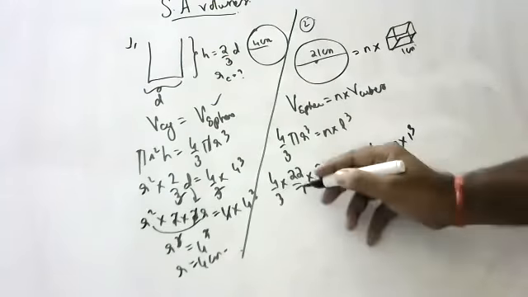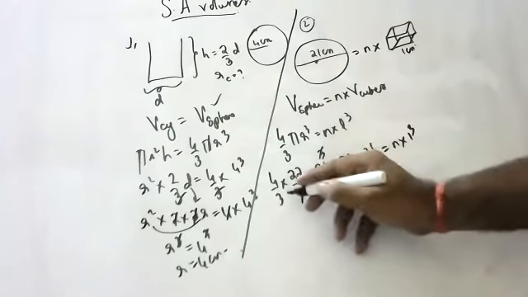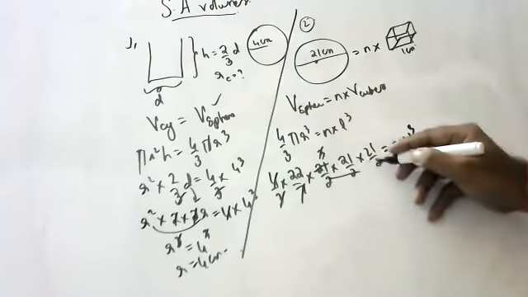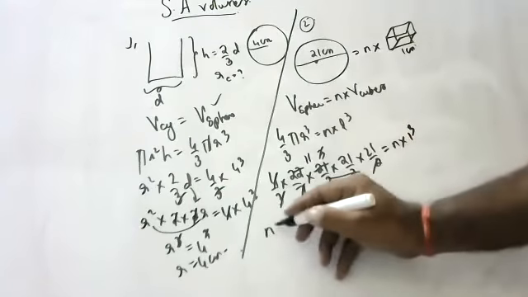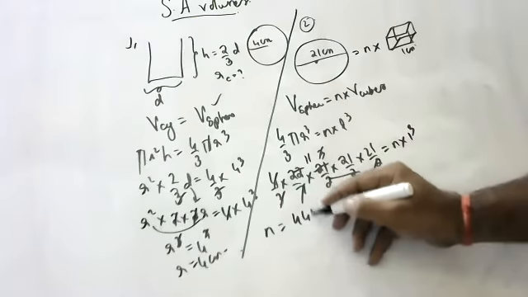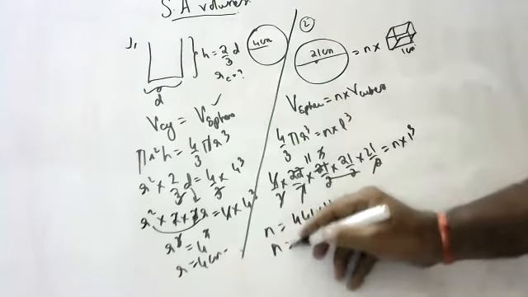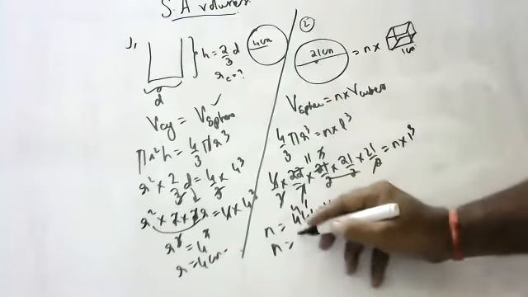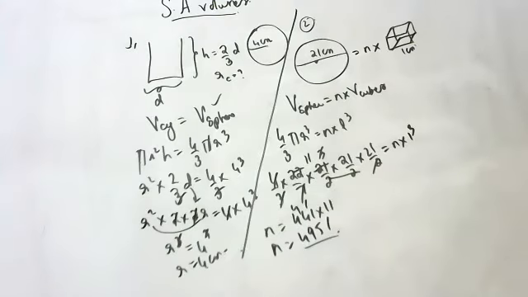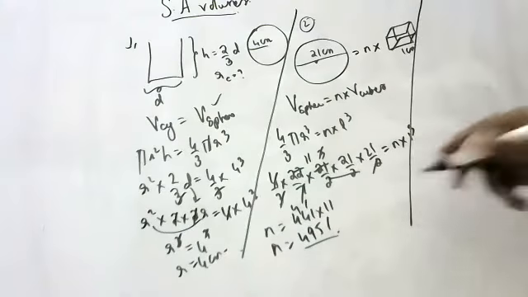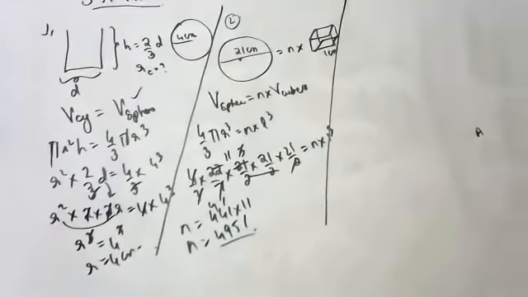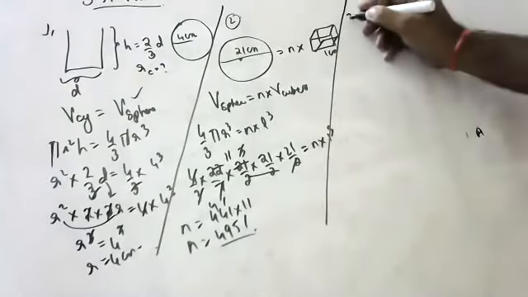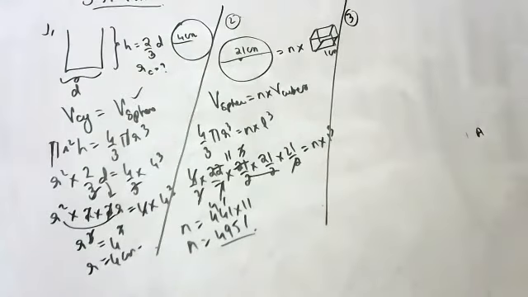So cancellation, two 2s and 4s. 11 into 441 into 11, n is equal to 4851 cubes can be made out of this.